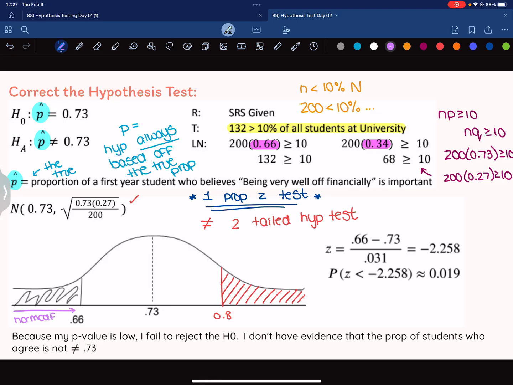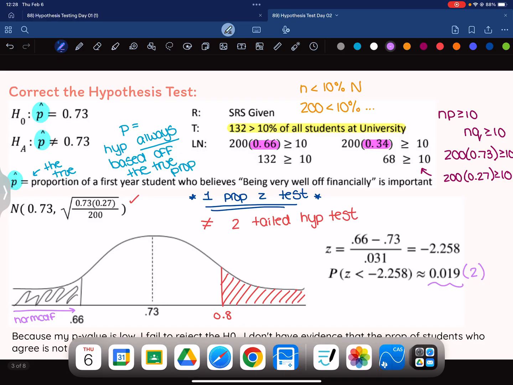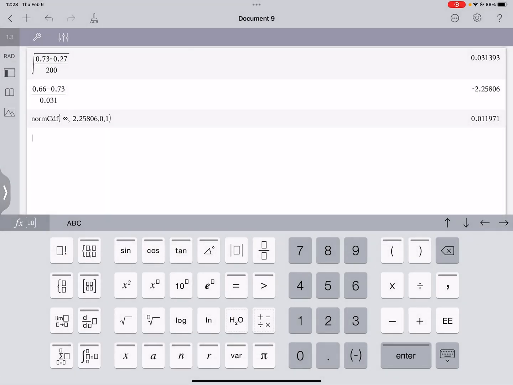Remember, for a two-tailed test, you've got to take this value and times it by 2 to finish the job there. So when I look at my p-value and toss that into play, a nice times 2, I should have something roughly around this.